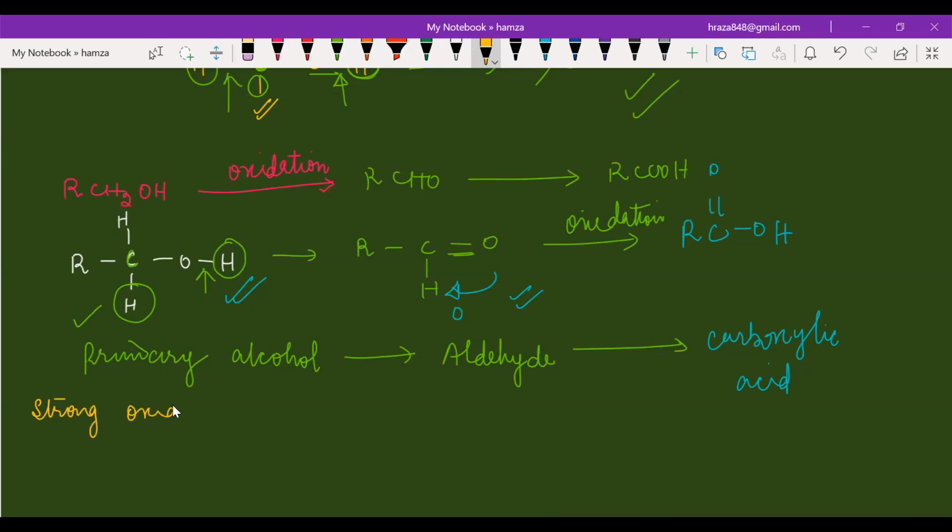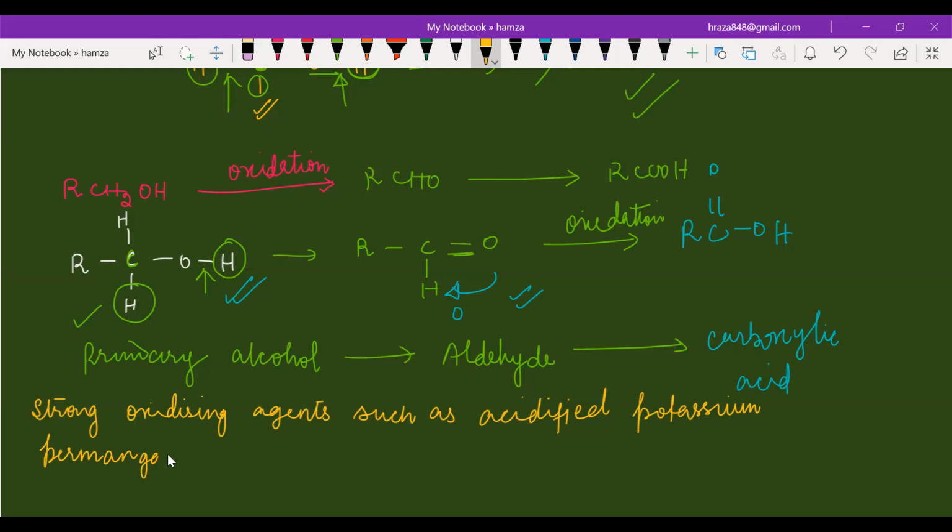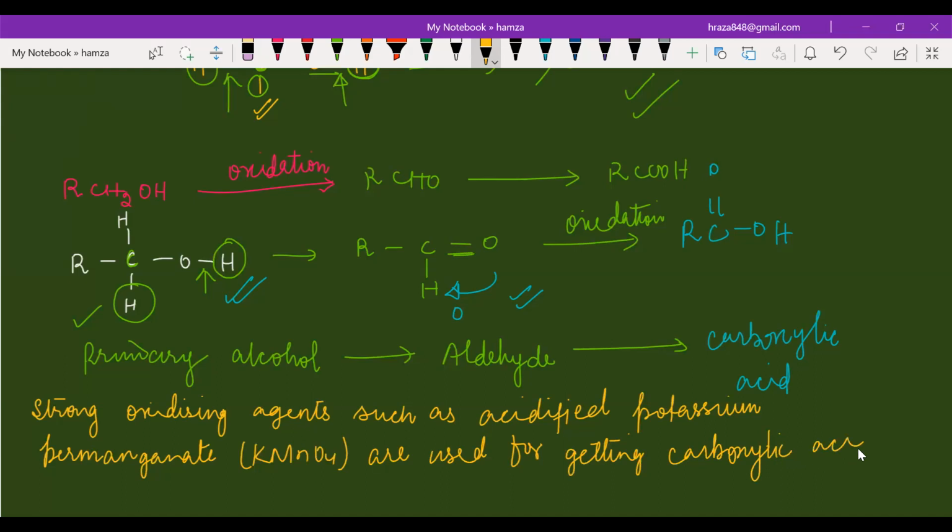Strong oxidizing agents such as acidified potassium permanganate, that means basically KMnO4 in the presence of H plus, are used for getting carboxylic acid from alcohols directly. It's very simple. Please do write.